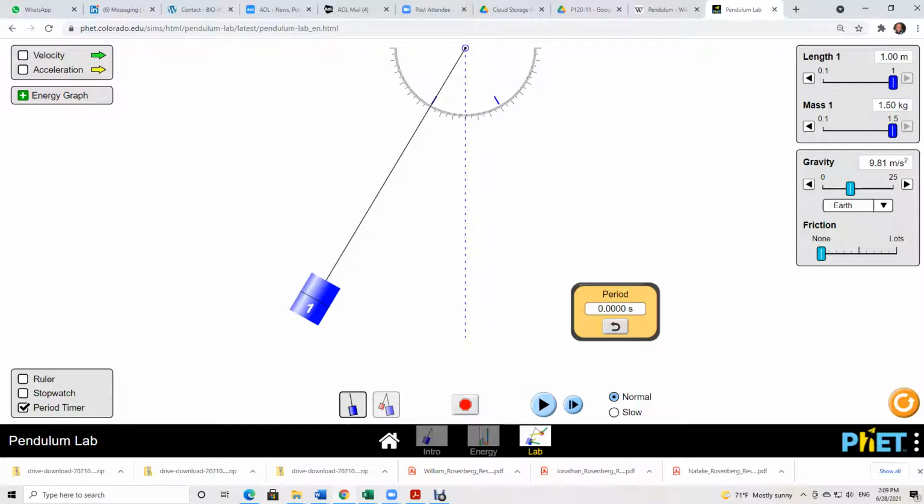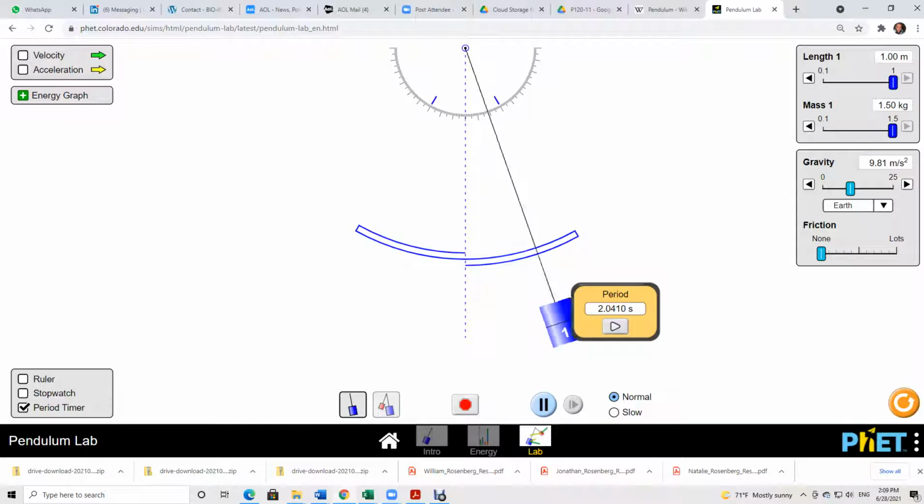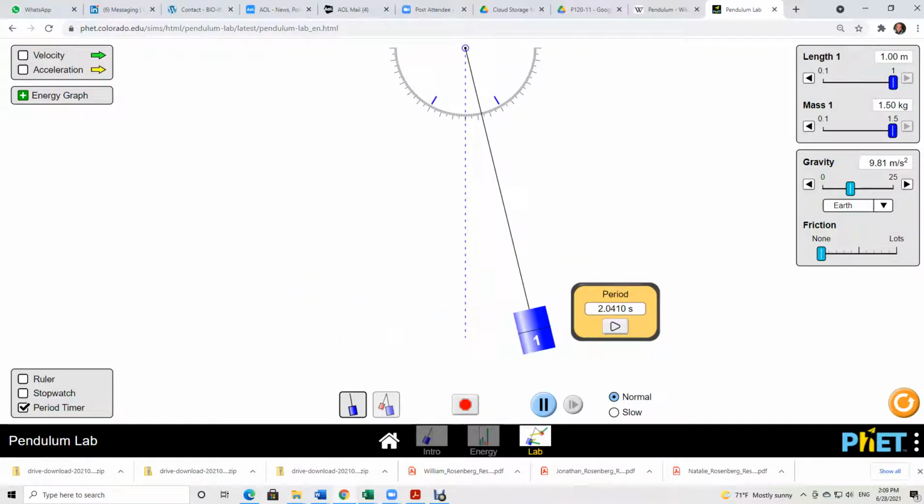Let's see what happens. I'm going to start the simulation. Here you go. That's the period of the oscillation, 2.0410 seconds. So use the third tab here at the bottom.